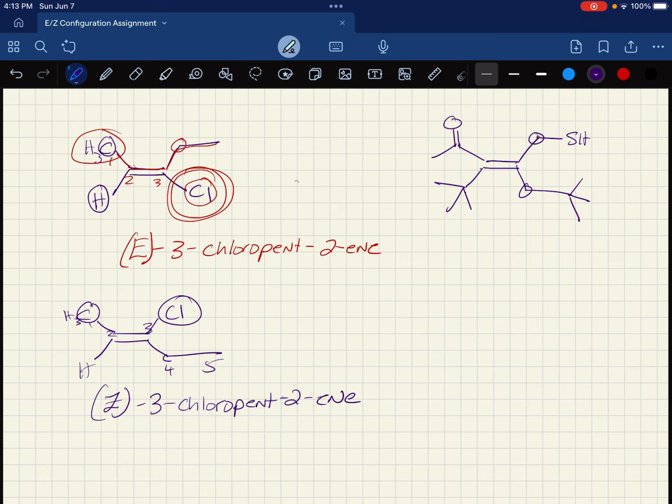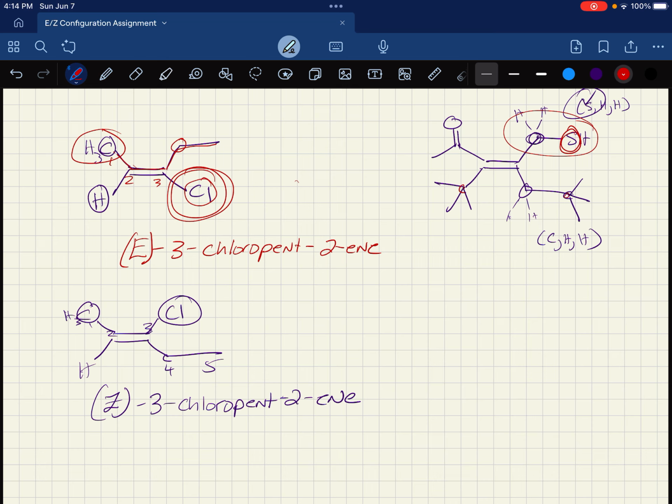So then we need to go to the next set of atoms out. This carbon atom on the top has a sulfur, a hydrogen, and a hydrogen. This carbon on the bottom has a carbon, a hydrogen, and a hydrogen. So that sulfur is going to have a higher atomic number than carbon, and so this group is going to be the higher ranked group because of that sulfur versus that carbon.